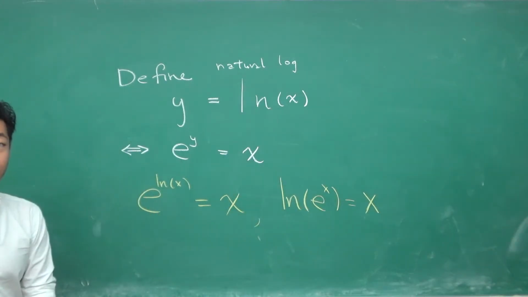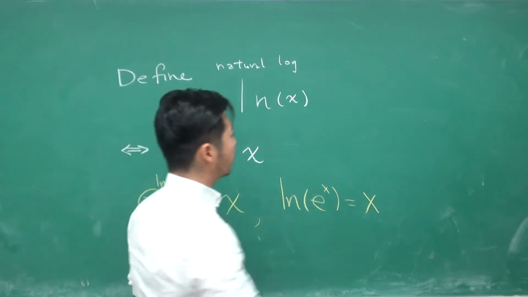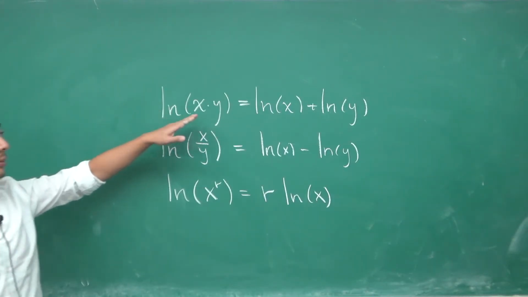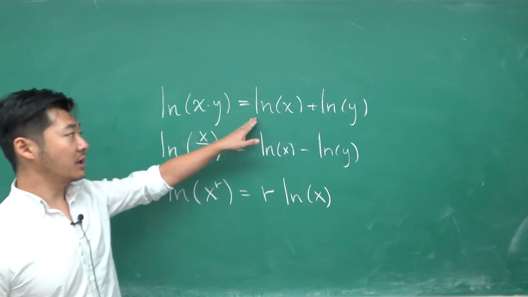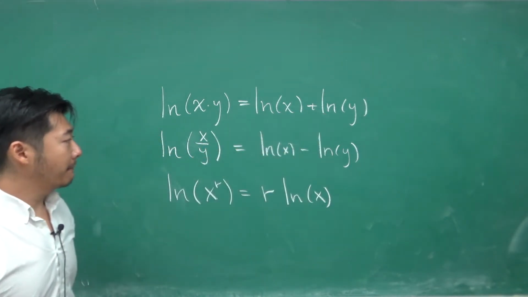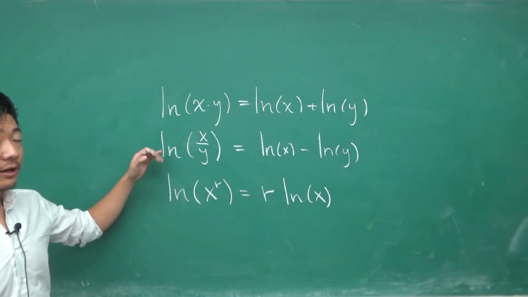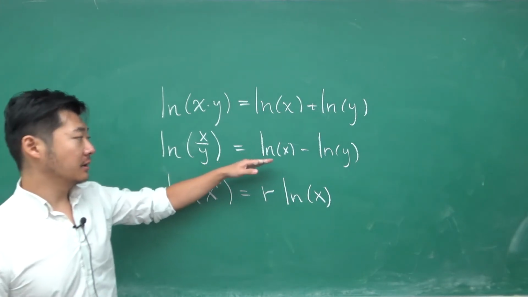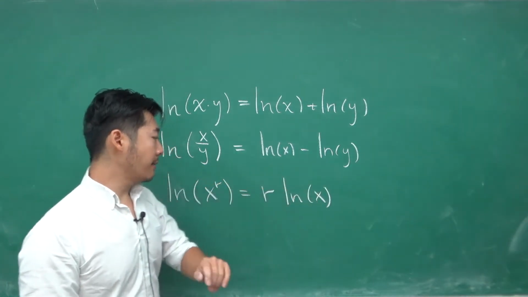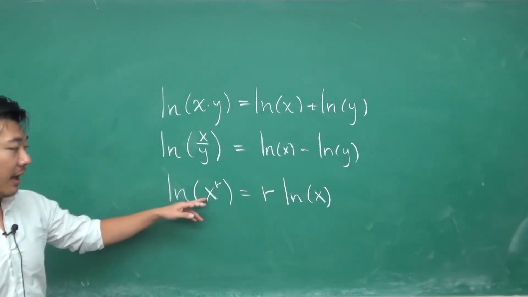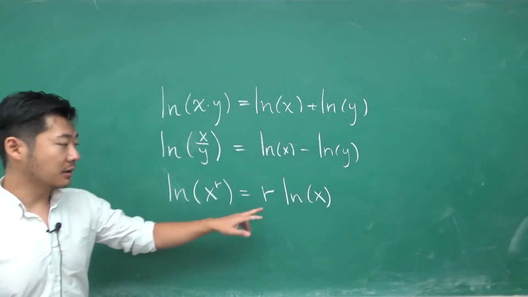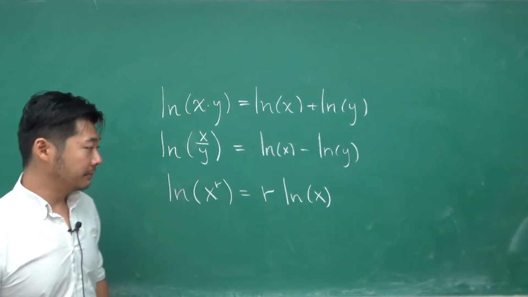The natural log function has the following properties: the natural log of the product is equal to natural log of x plus natural log of y. The natural log of the quotient is log x minus log y, and log of x to the r is r times natural log of x.